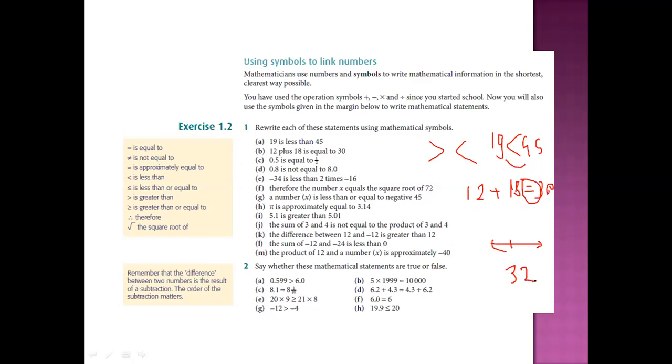Okay, 32. And where is the location of minus 34? Exactly here, approximately. Minus 34. And which one is bigger than the other? Negative 32 is more than, bigger than minus 34.